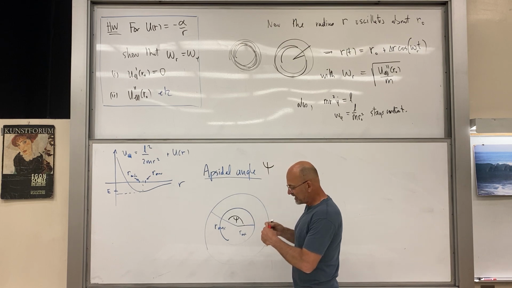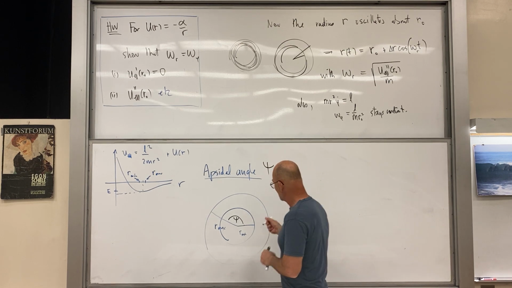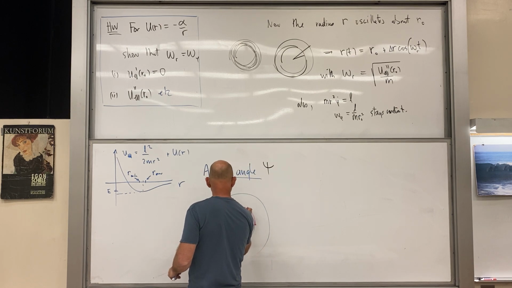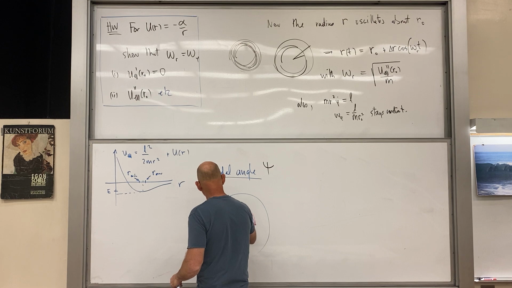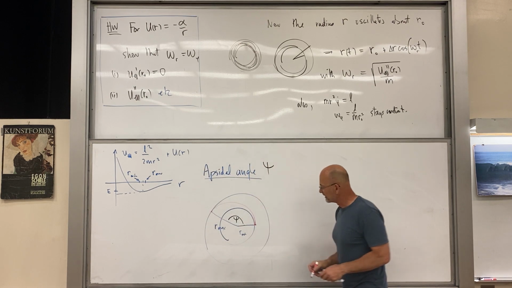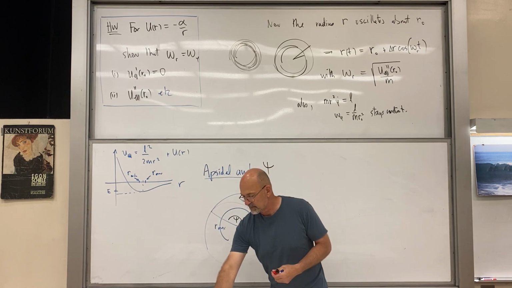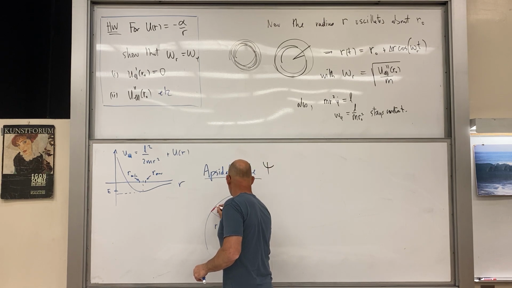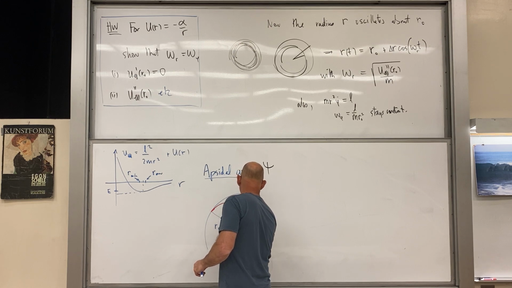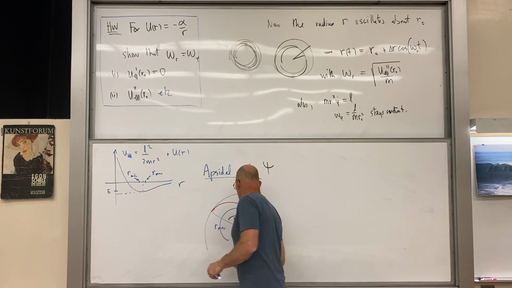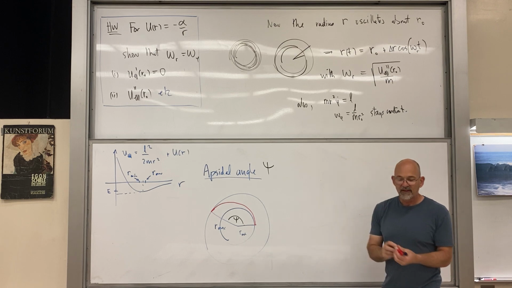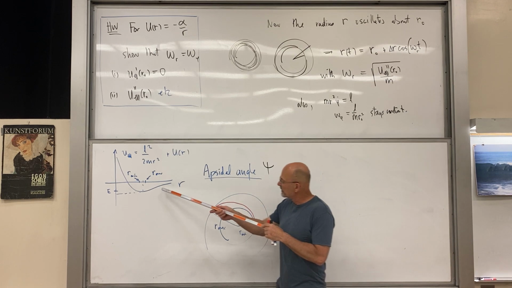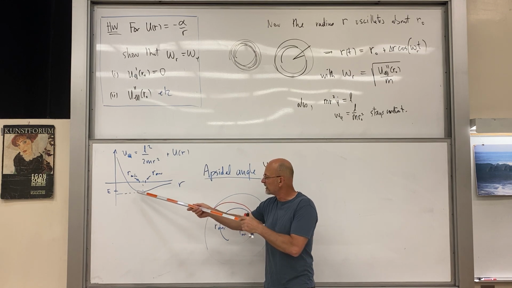And what's happening here in terms of the trajectory, we're imagining we start at r min and then sweep out to r max. Is that dark enough? There we go. So that's how much angle gets swept out as we oscillate between r min and r max in this graph.